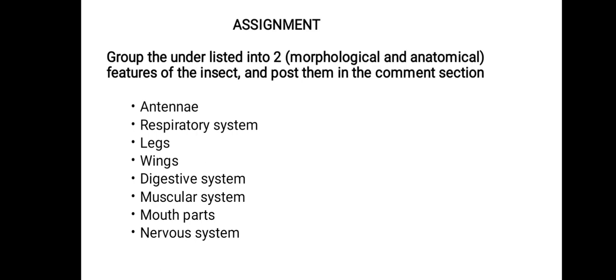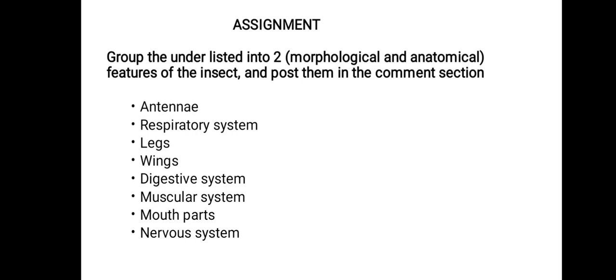So at the end of this, you're going to take an exercise in the form of an assignment. If you look at the screen, you will see the assignment. And the assignment is that you group the underlisted into two, that is, into morphological and anatomical features of the insects as we have outlined in the course content that we have just reviewed.